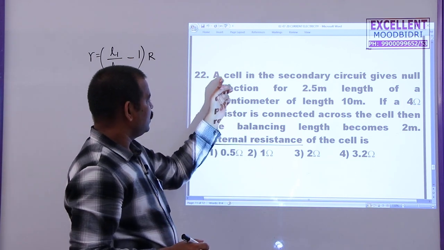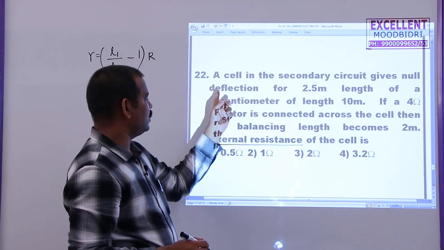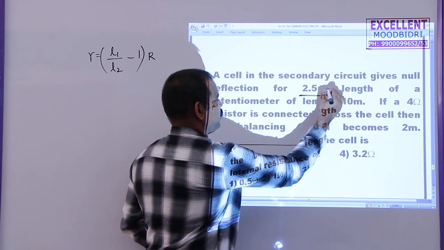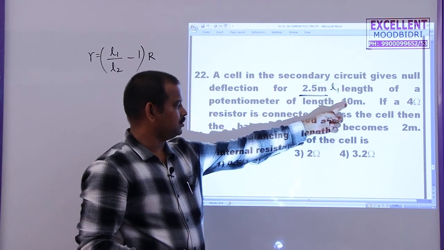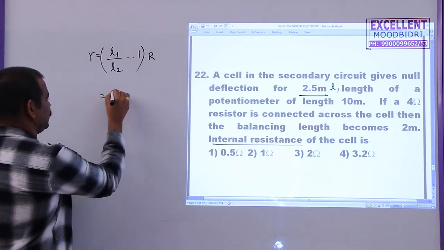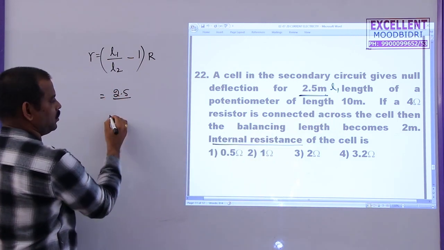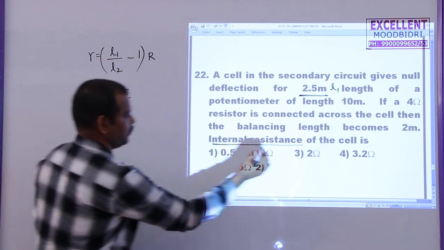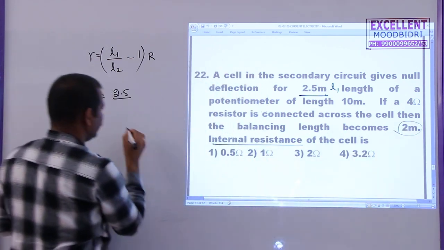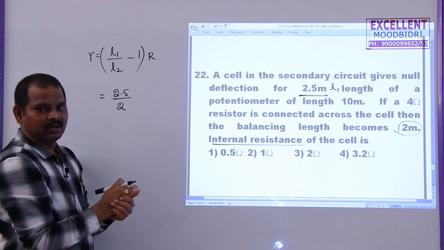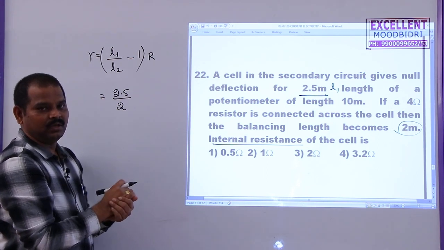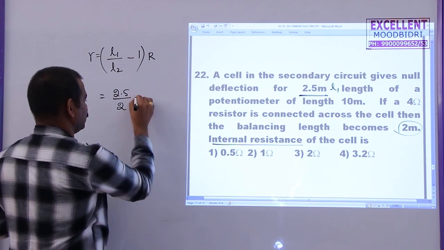In this problem, a cell in the secondary circuit gives a null deflection at 2.5 meters, that is L1, on a potentiometer of total length 10 meters. Now the balance length is 2.5, and the second time the balance length is 2 meters only. Whenever the external resistance is connected, the potential difference will give less balance length.